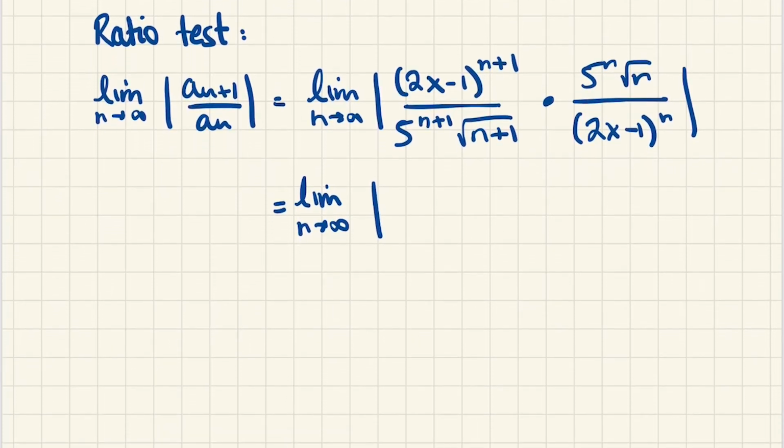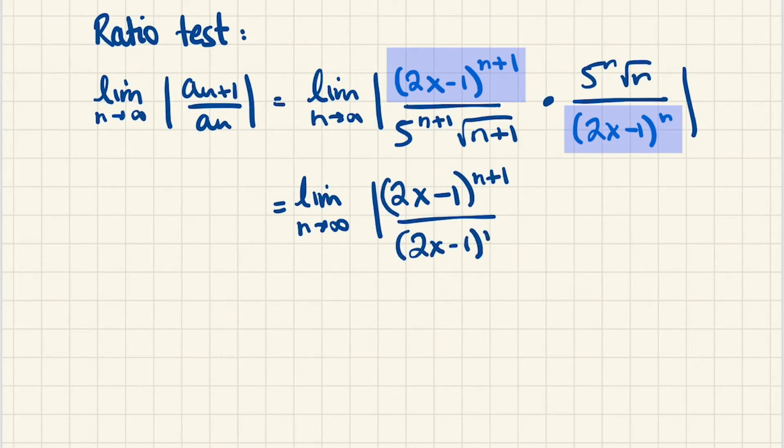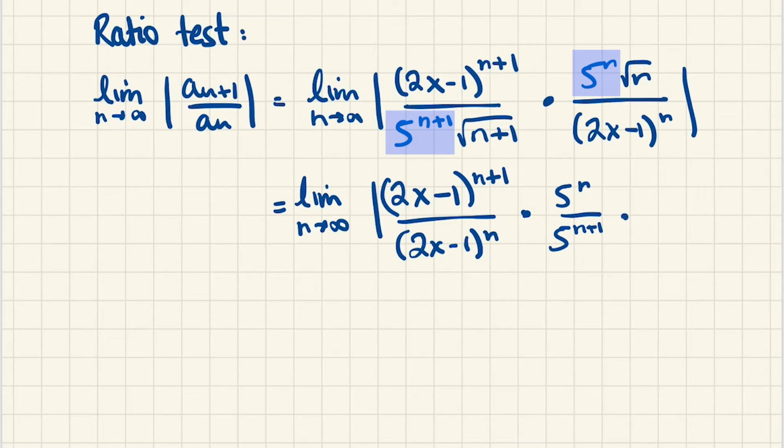So we have 2x minus 1 to the n plus 1 over 2x minus 1 to the n. We have 5 to the n over 5 to the n plus 1, and we have root n over root n plus 1. So everything will have some sort of a friend that it can line up with because you want to look for some sort of cancellation.